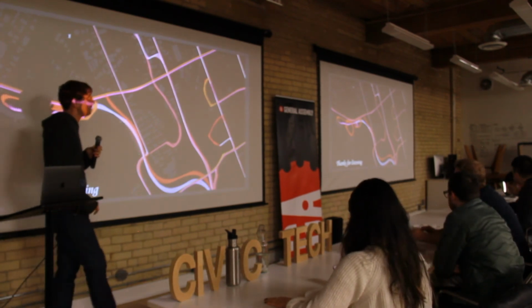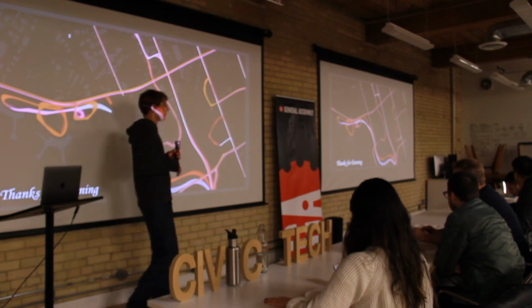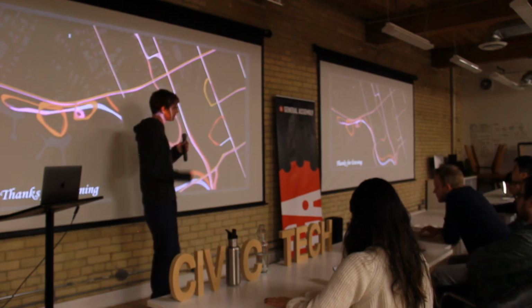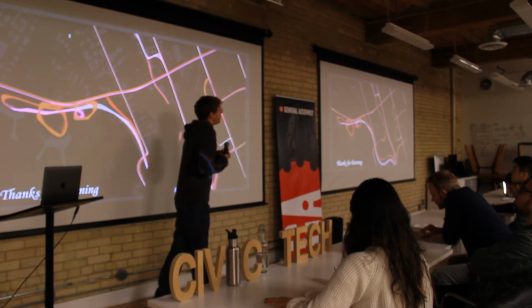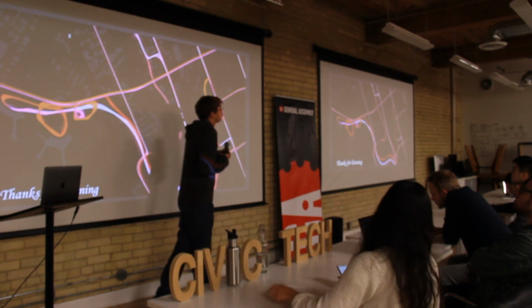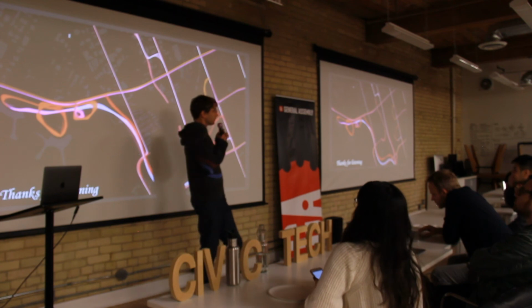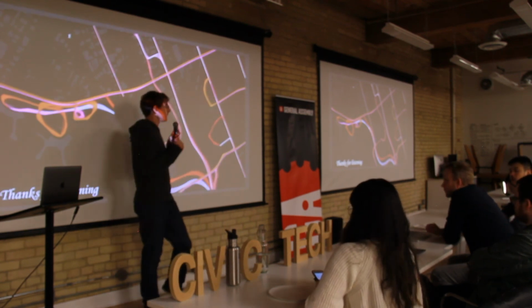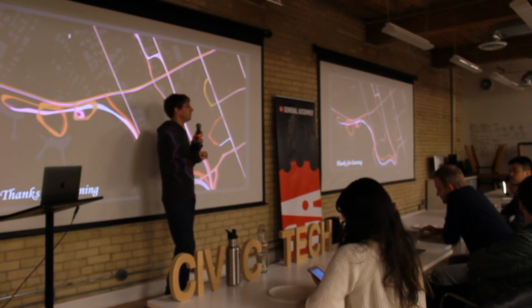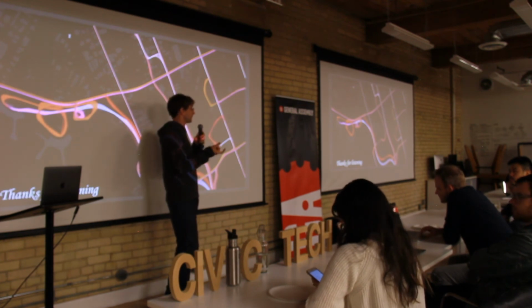Question: do you know if there is a similar tool for comparing the transit time for people's driving in actual real time in traffic? You're asking about comparing real driving times to real transit times?